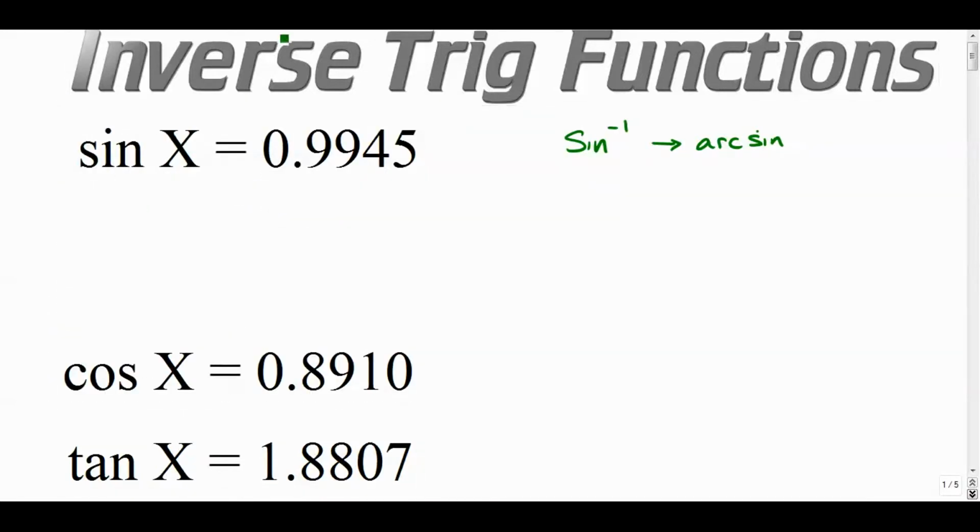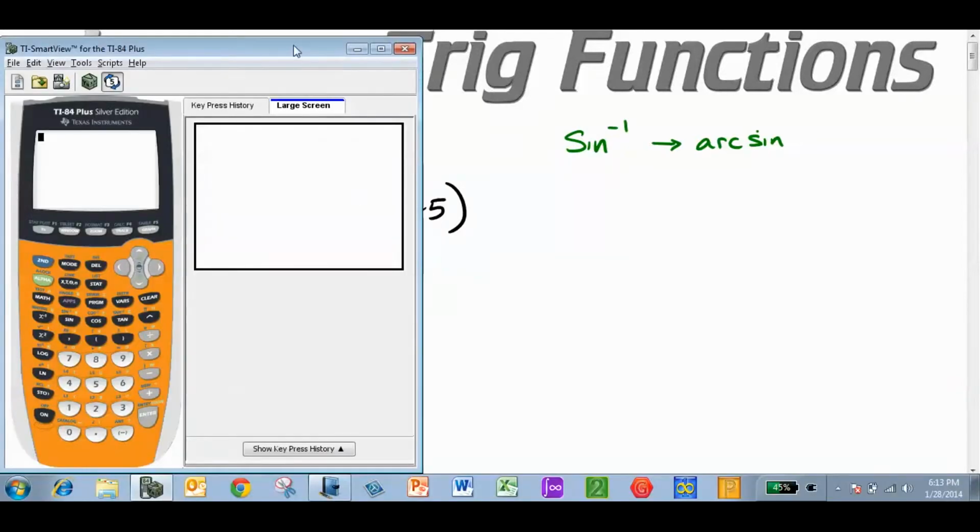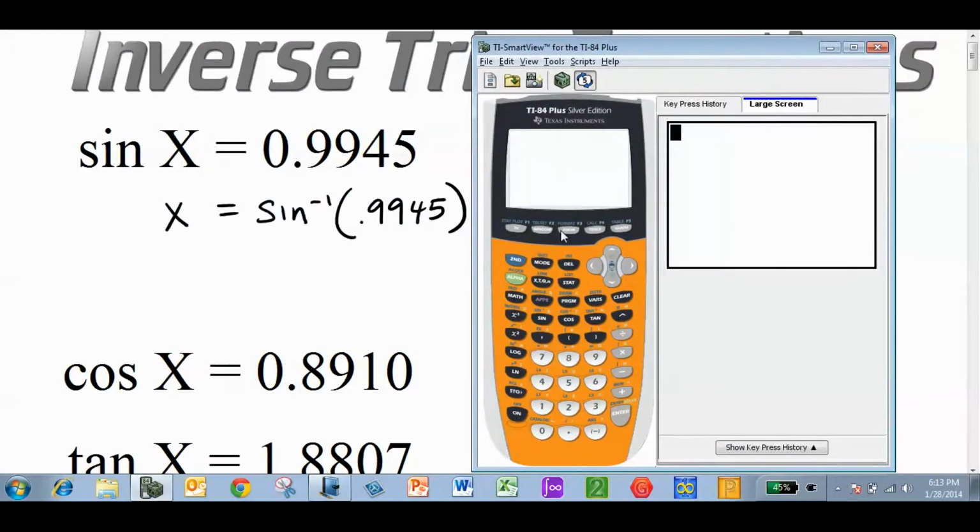So the sine of what angle equals 0.9945? Well, that angle is going to stay where it is. The sine needs to move over here and become the arcsine, or the inverse sine. 0.9945 goes right here. So we're trying to figure out what angle, when we apply the sine trig function to it, gives us 0.9945. We go to our calculators, making sure that we're in degree mode.